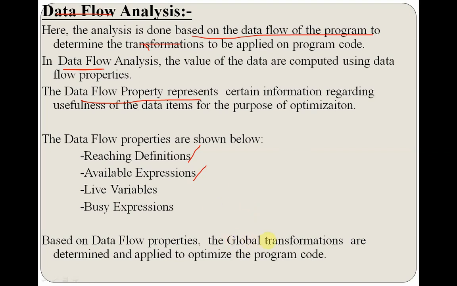Next, live variables. Dead variables and live variables can be identified by this property. Next, busy expressions can also be calculated. So by using all these properties, global transformations are recommended or determined and applied to minimize the program code.